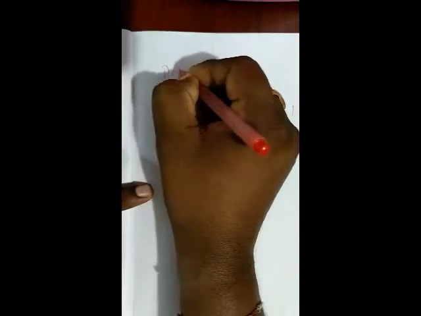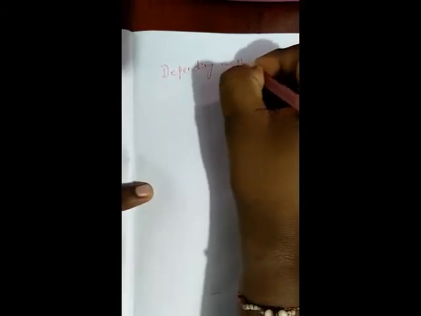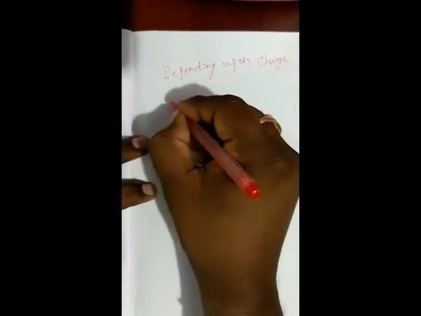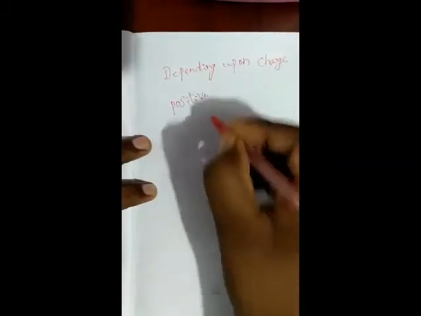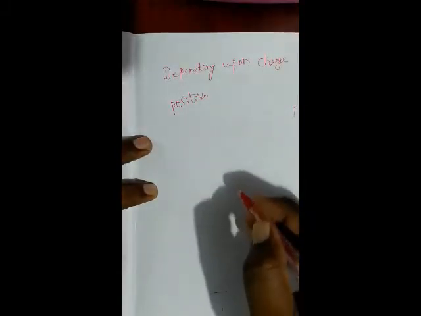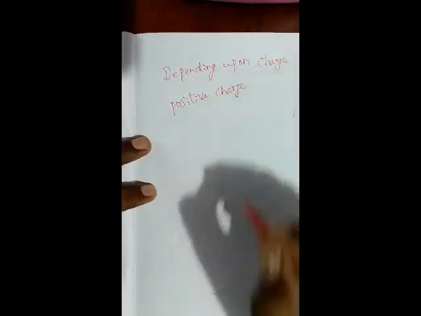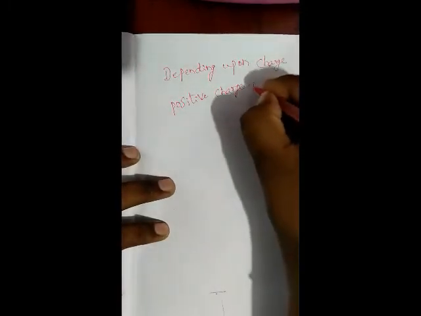Depending upon charge, the radicals or ions are two types. One is positive charge radical, or positive charge ion.